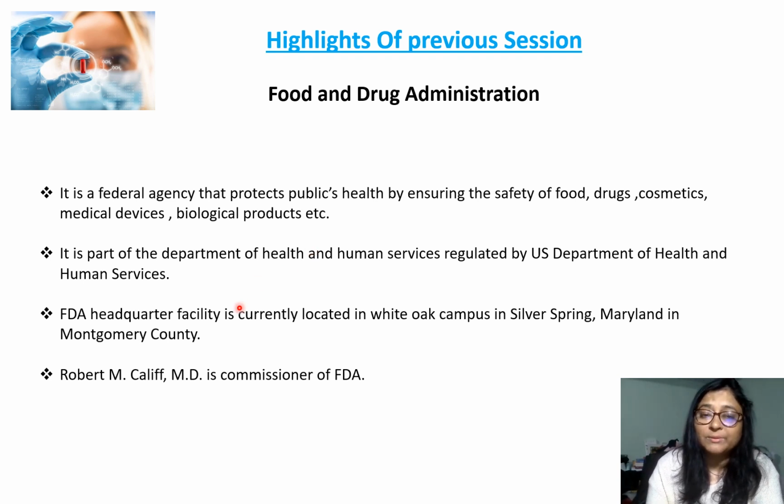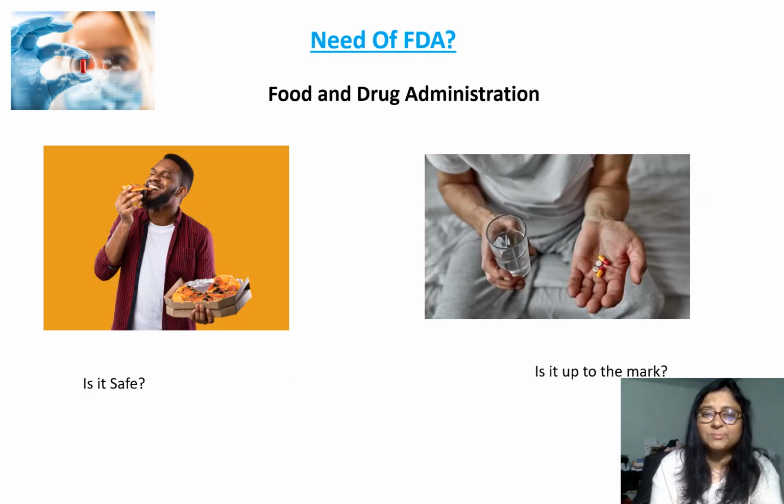It is a part of the Department of Health and Human Services, and its headquarters is located at the White Oak campus in Silver Spring. All these things we have already discussed in our previous session.